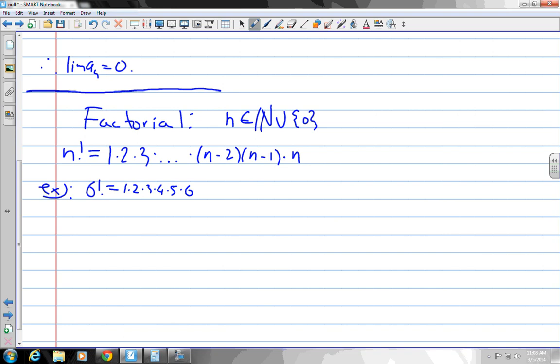What is that? 720. Okay. So 1 factorial is 1, but we also define 0 factorial as 1. And that's a little weird. You just have to take it for now.